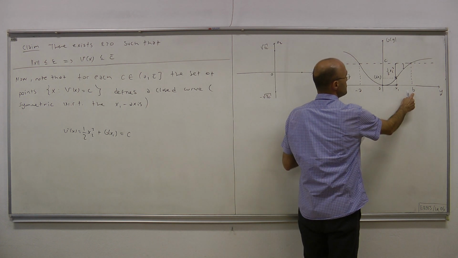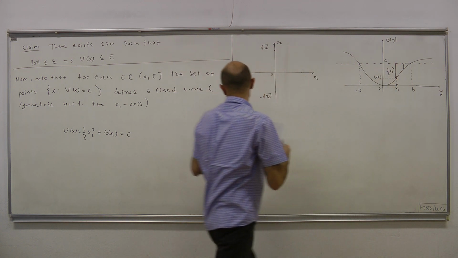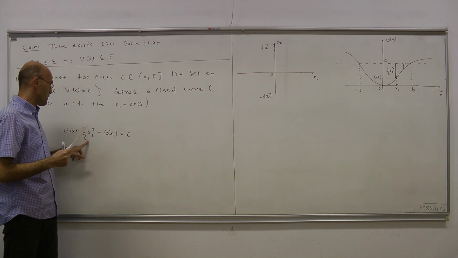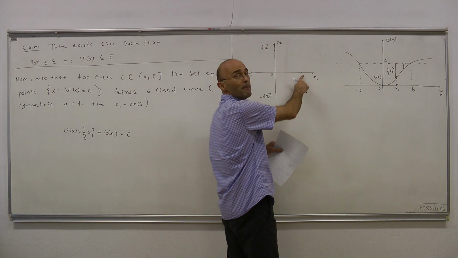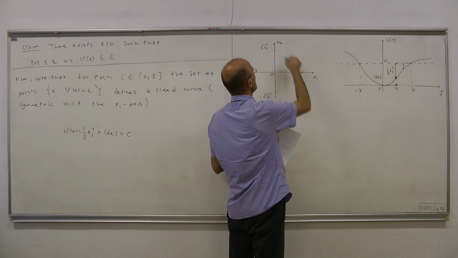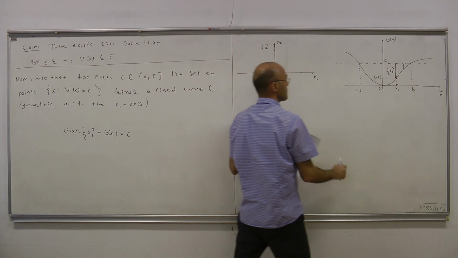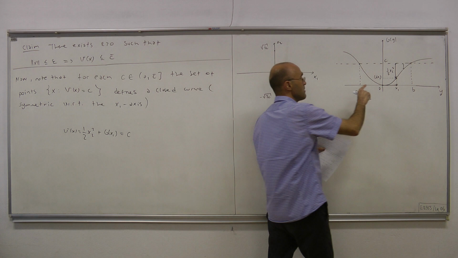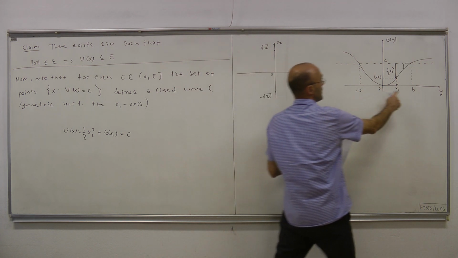Once you reach b, g of b is c. If g of b is c, then c cancels, and what we have is 1/2 x2 squared equals 0. Therefore, in that case, x2 must be 0. So x2 is largest here, and as you go along toward b it becomes smaller and smaller in a uniform way because g is increasing, and you hit 0 when x1 hits b.